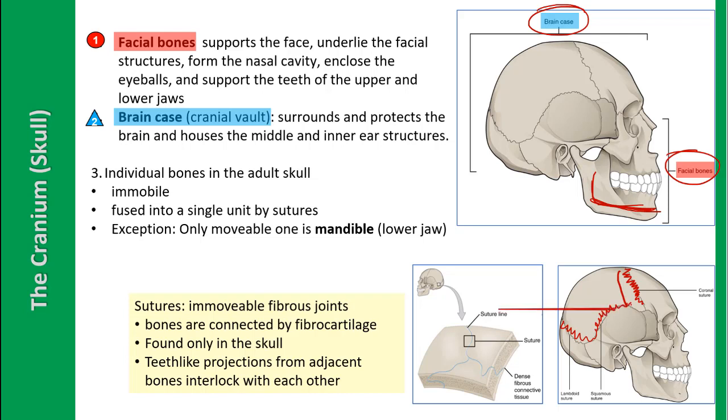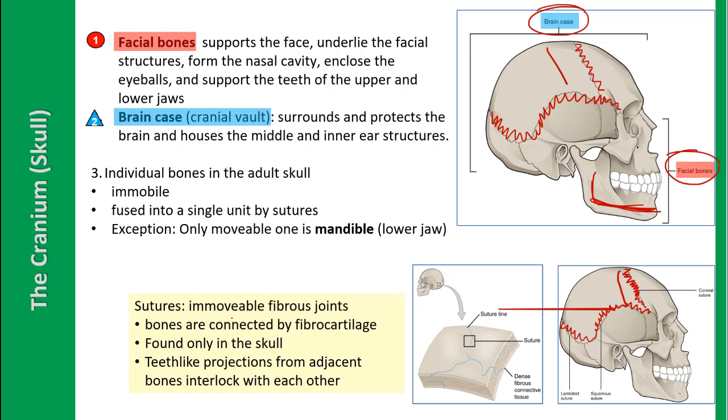This jaggedness of the suture line actually provides strength of connection between the two bones. So you can see here, the suture right here isn't just a straight line. It sort of wiggles slightly all over the place. And that wiggly line actually helps to strengthen that suture line.